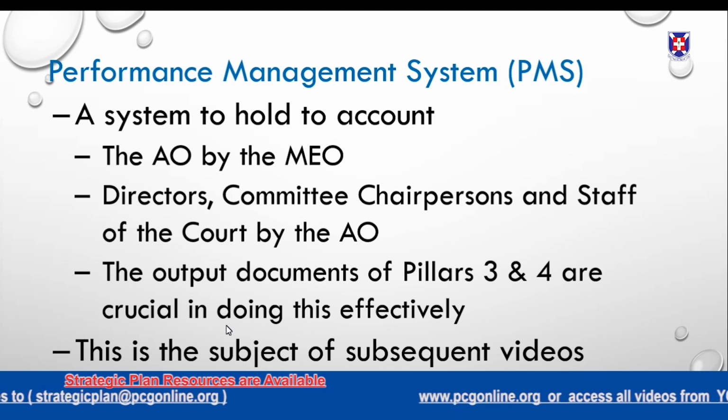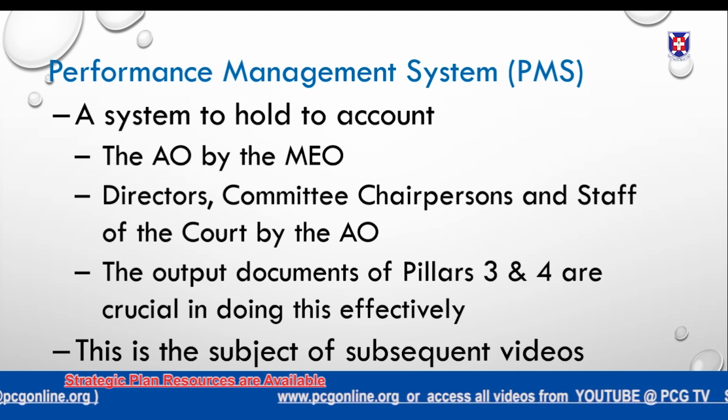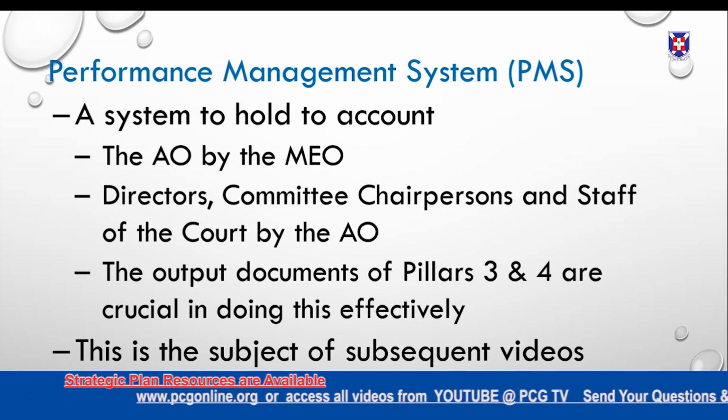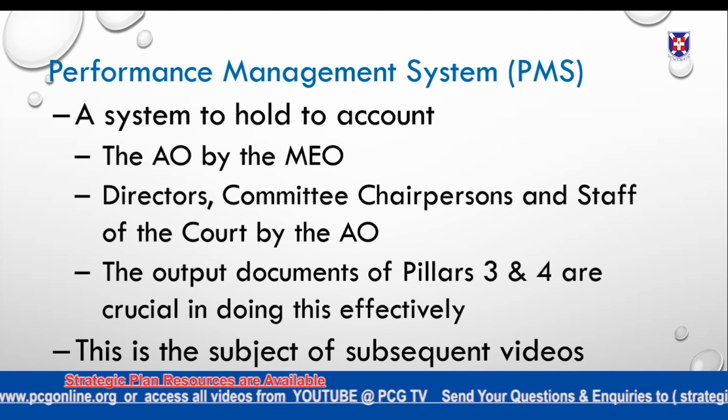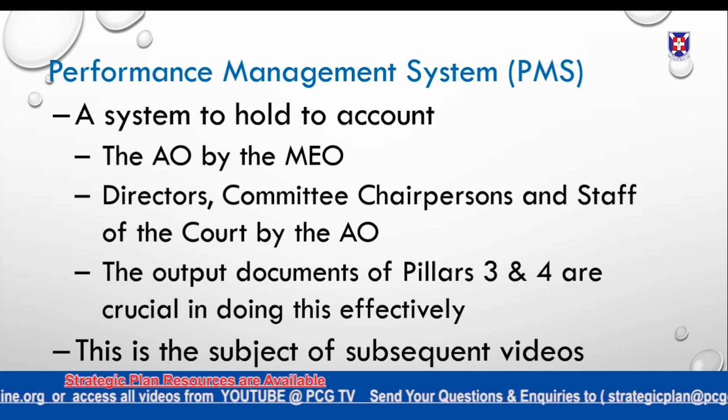And the output documents from these processes, the output documents of pillars 3 and 4, that means the planning document and the monitoring and evaluation documents, become a crucial input into this relationship. So you see how all these things are related.